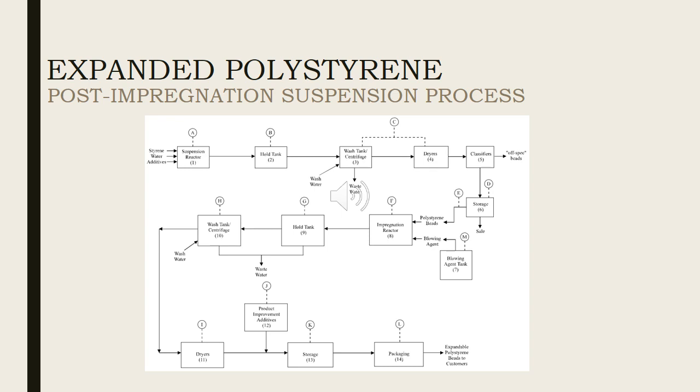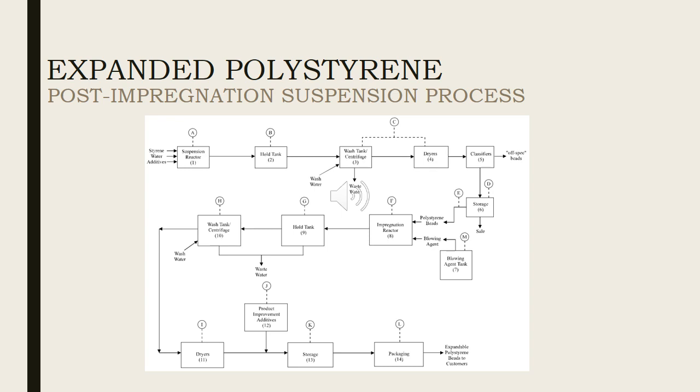Polymerization typically occurs within several hours, the actual time varying largely with the temperature and with the amount and type of initiators used. Residual styrene concentration at the end of the reaction is as low as 0.1%.